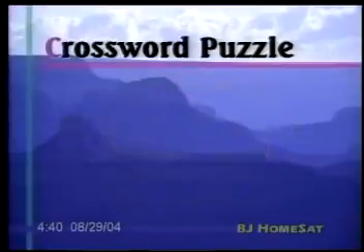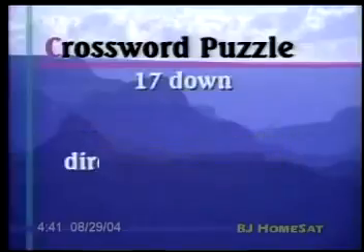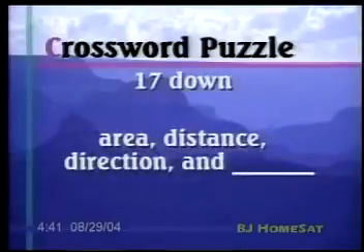Okay, 16 down. A regular pattern of intersecting lines. A regular pattern of intersecting lines. 17 down. Area, distance, direction, and blank. You might think of the little word that we thought up to help us remember that. 20 down.